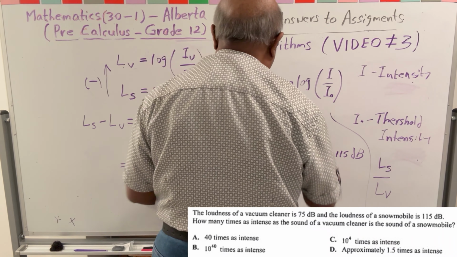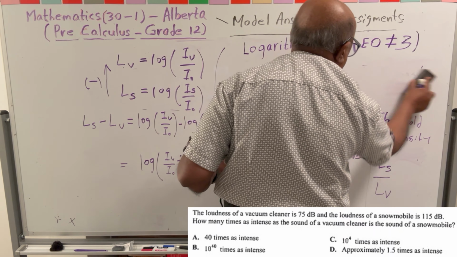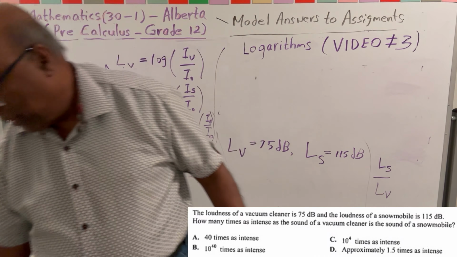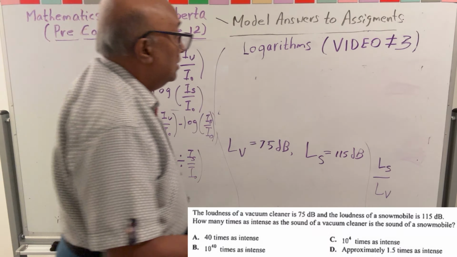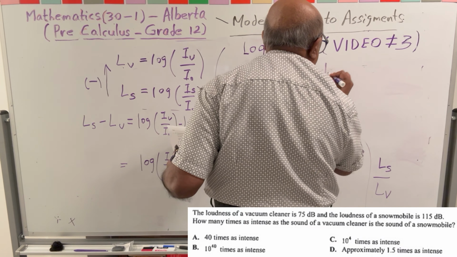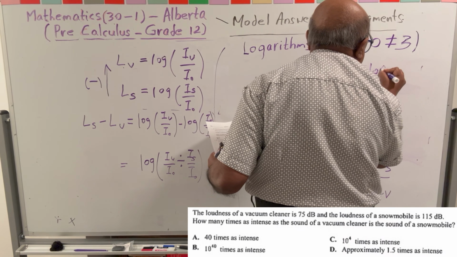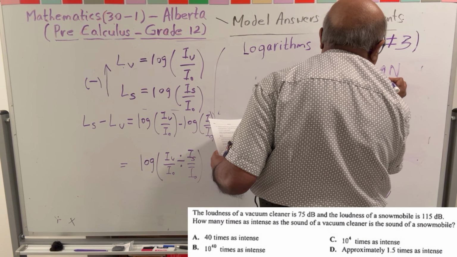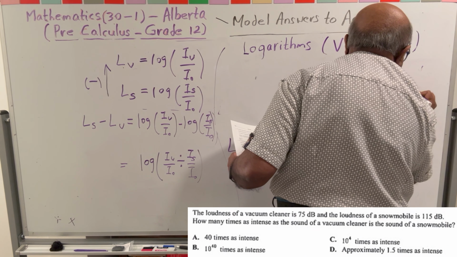How did you get that? How do you get this result from here to here? Simply we apply this rule. Log m minus log n, whatever the base, this is equal to log of m upon n.